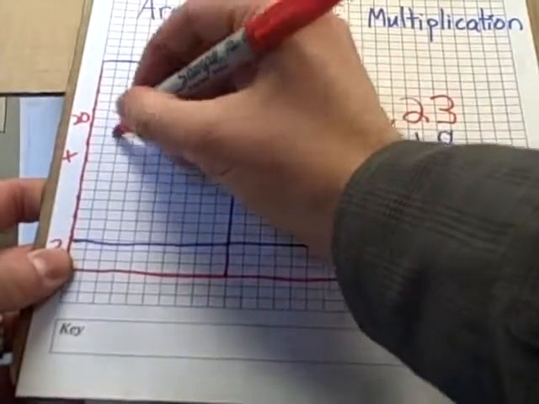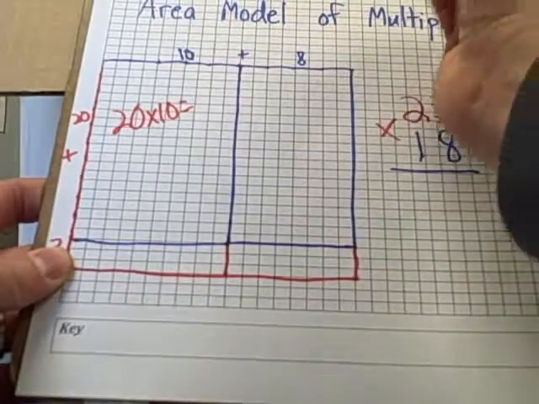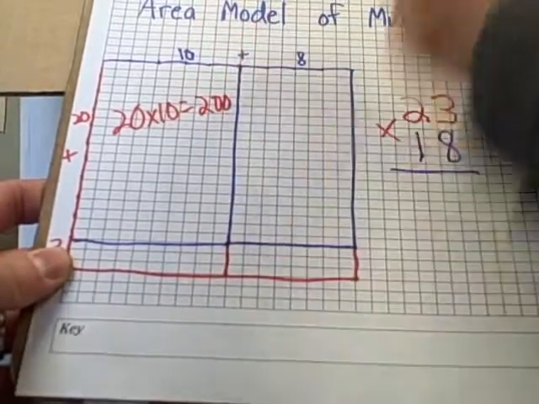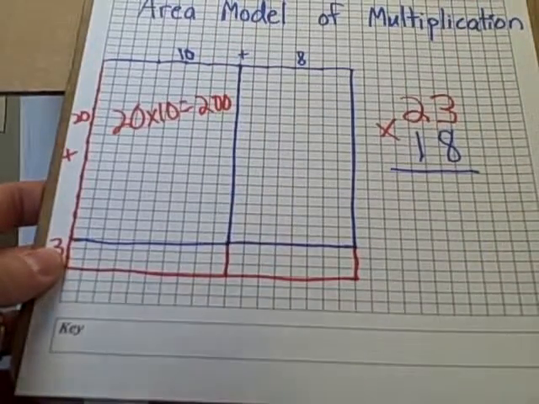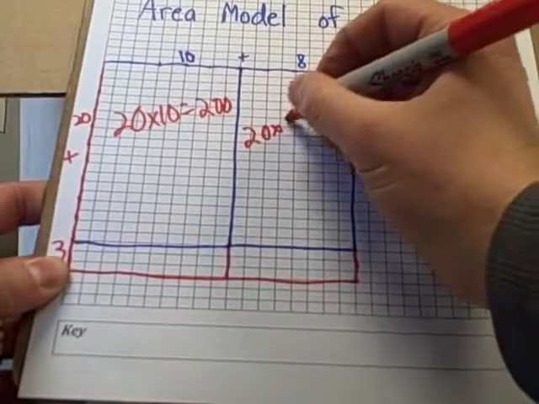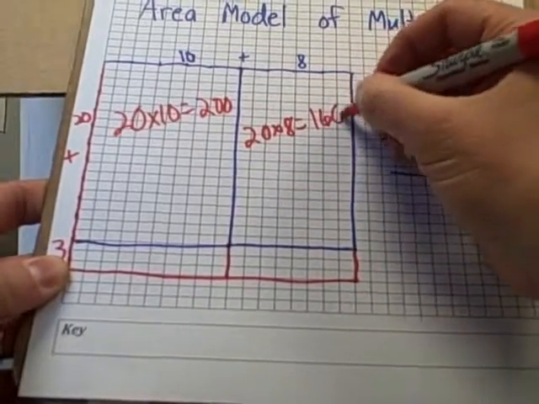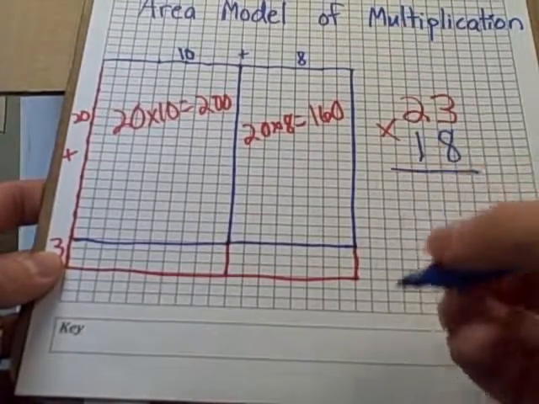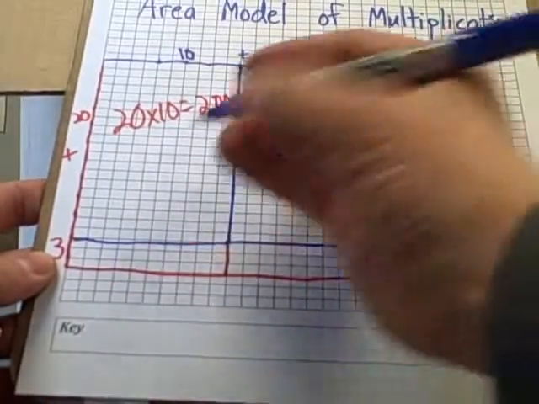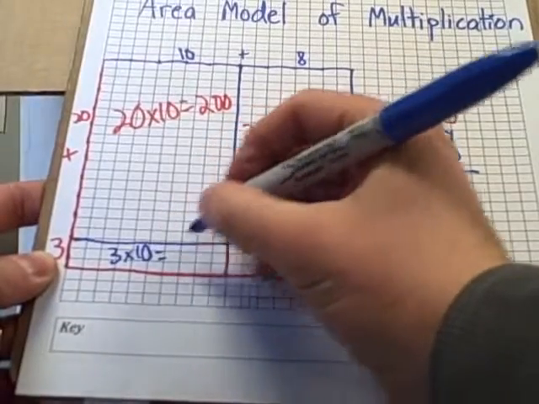20 times 10 equals 200. 20 times 8 equals 160. 3 times 10 equals 30.